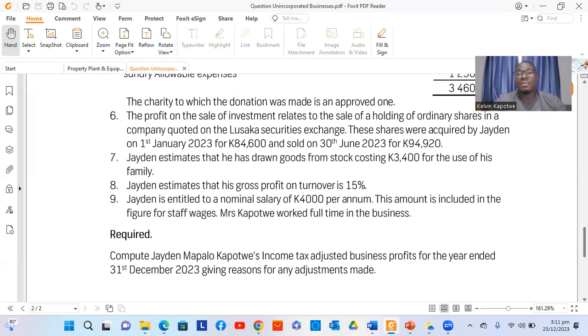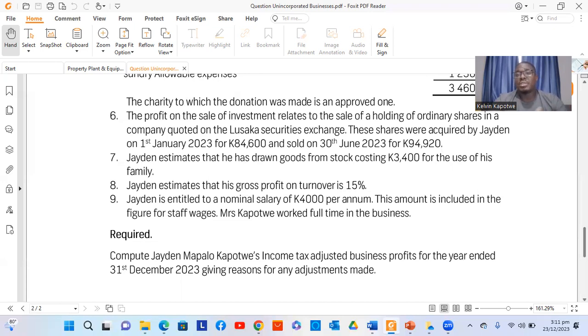So if we find that your son is a sales consultant, and another employee who's a sales consultant is getting the same salary, the same wages, then that would be considered reasonable, and as such, it is going to be an allowable expense.